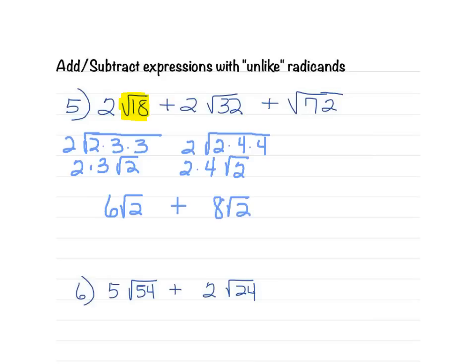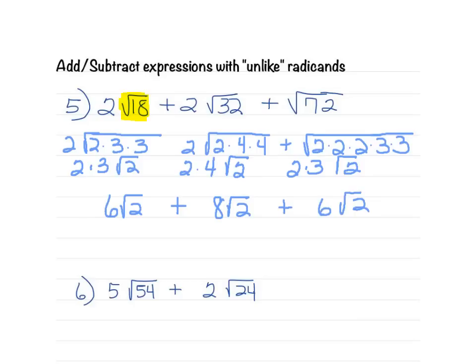And now radical 72. Radical 72 would be 2 times 2 times 2 times 3 times 3. Okay, so we can say this is 2 times 3 radical 2, and that is 6 radical 2.